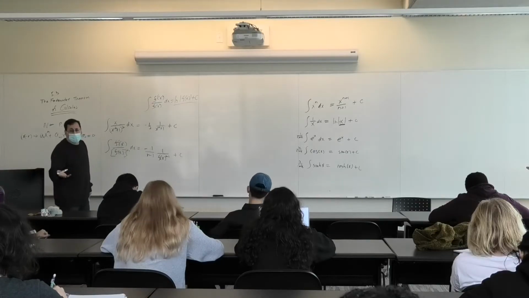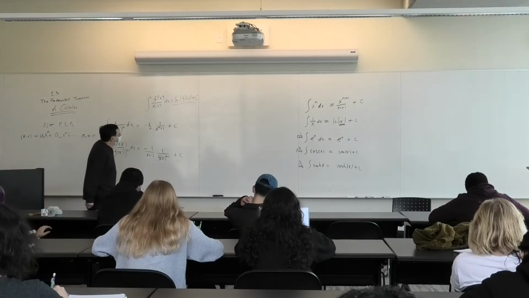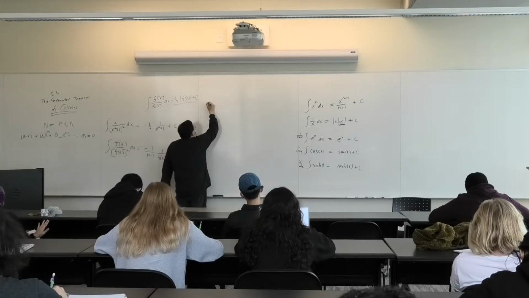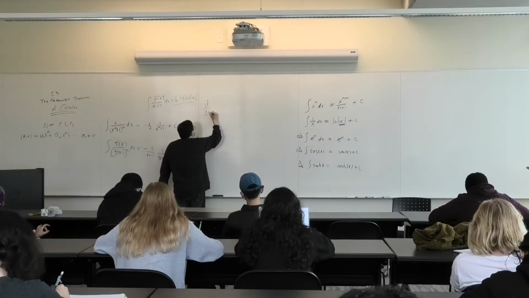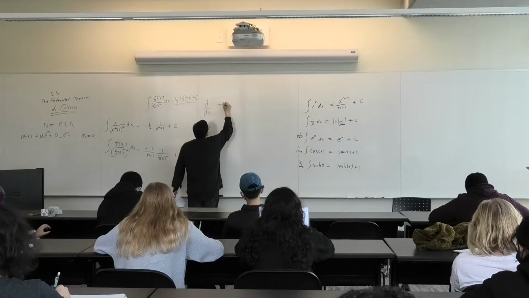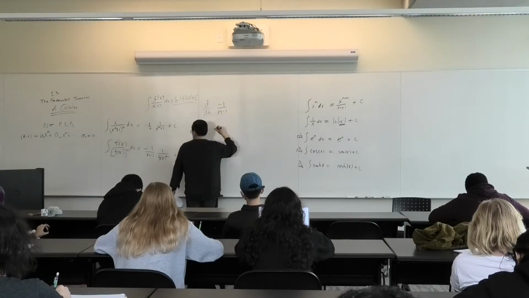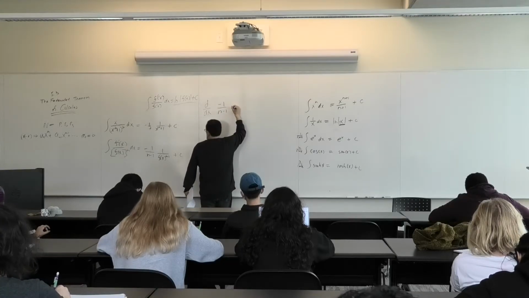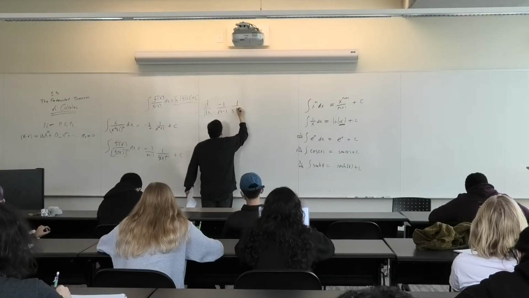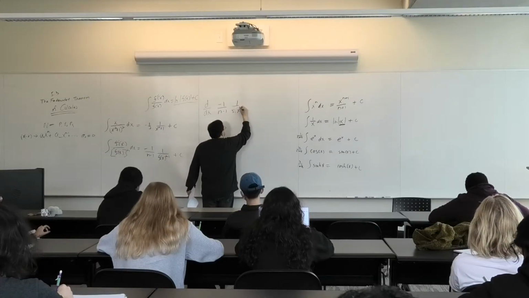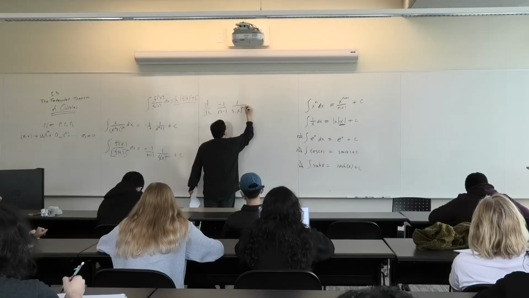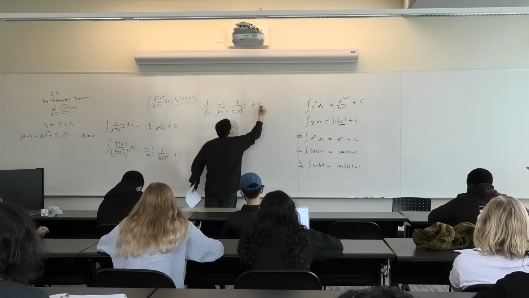You can find the derivative and see if you get back what you were looking for. All right, so let's find the derivative. Negative 1 over n minus 1 times 1 over f of x to the n minus 1, plus c.